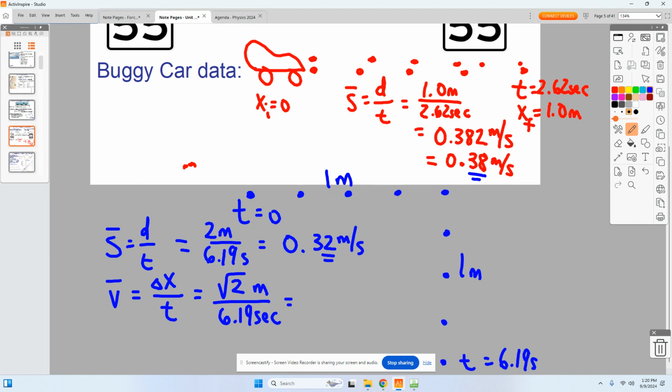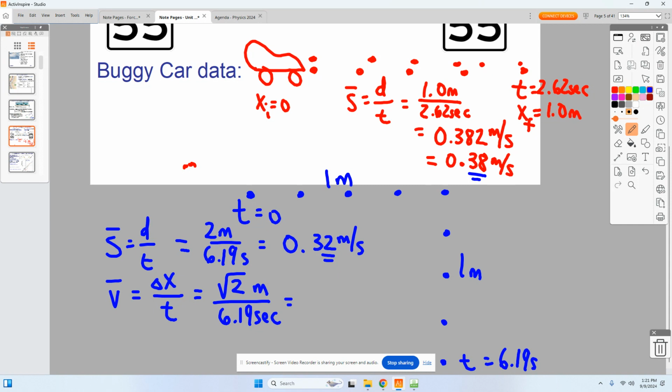Do you understand that idea that the displacement that it had was about 1.41 meters? We take this, and we take this. And now if we take a meter stick and place it along there, it'd be about 1.41. You understand that idea? How do you know that? Pythagorean theorem. Would you agree that this is a right triangle?